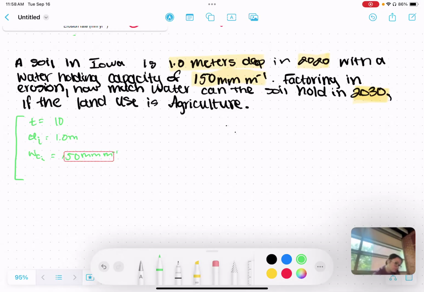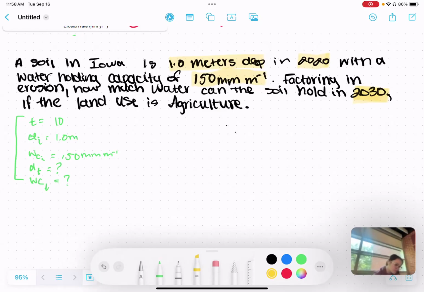What we don't know is depth t, so depth in 10 years. And what the problem is actually asking is what our water holding capacity is in 10 years. So again, we don't know that.